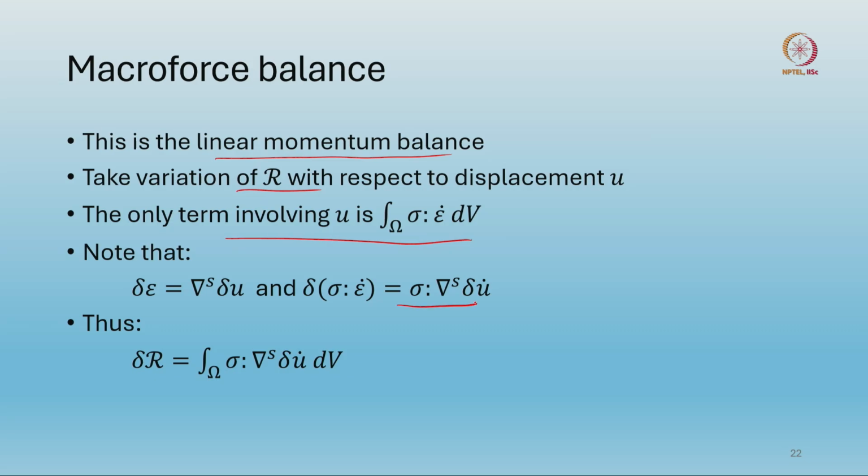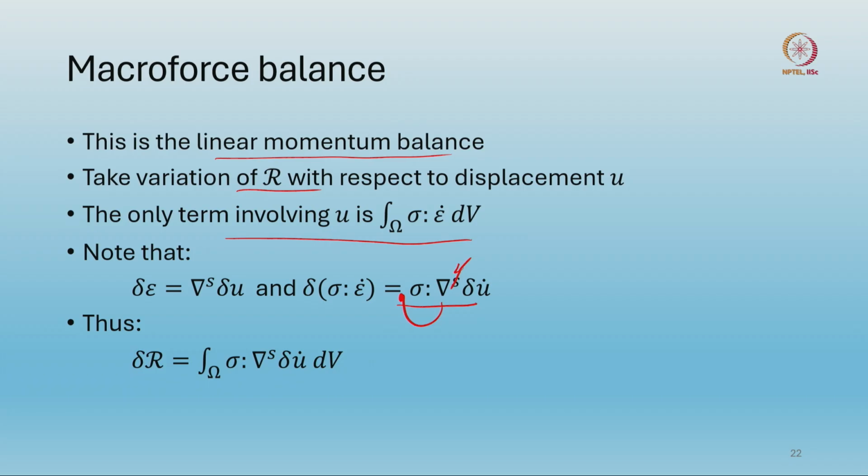and that is simply written as a stress inner product with the gradient of delta u dot. You can forget about the symmetric part of the gradient because stress itself is symmetric. So forget about the symmetric part. What you do is that when you integrate this, you just transfer this gradient to sigma by integration by parts.